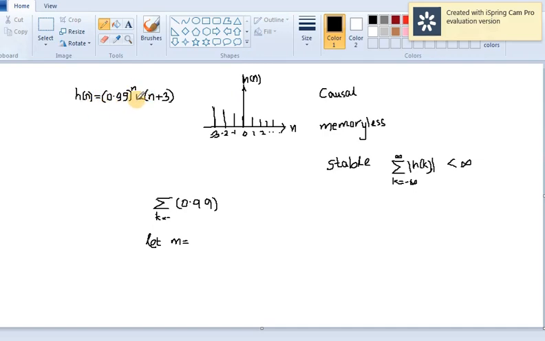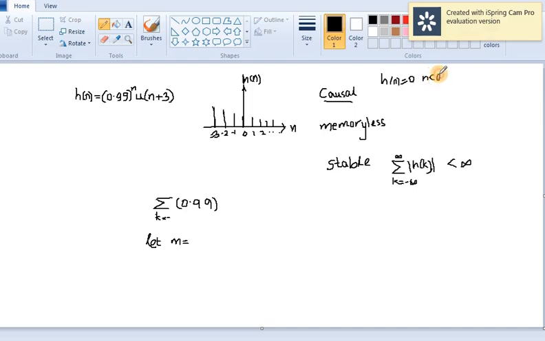Now for this signal, let's check the causality. From the definition of causal, we know that our h of n should be equal to 0 for n less than 0. Is it true or not? We need to check.